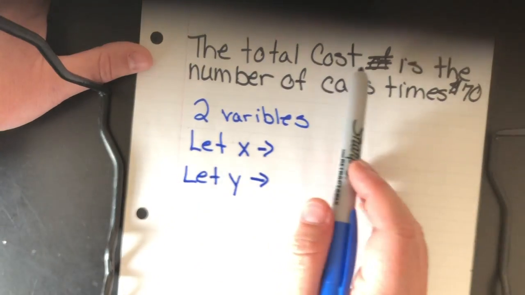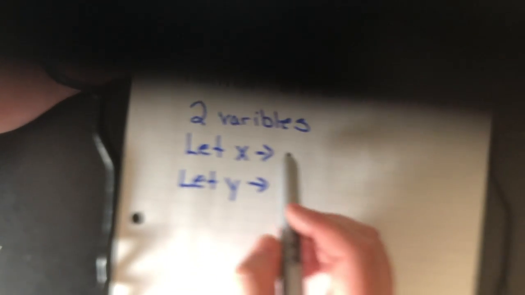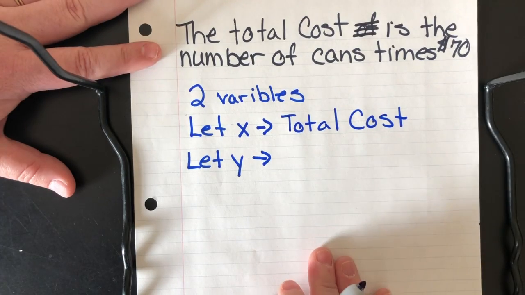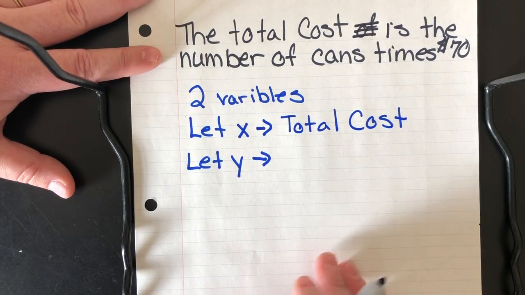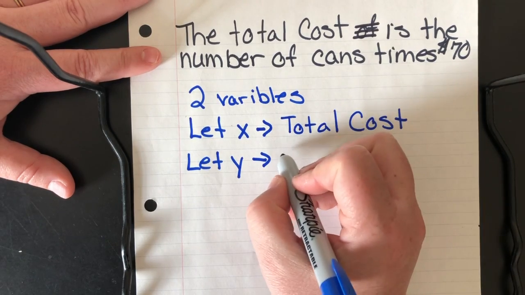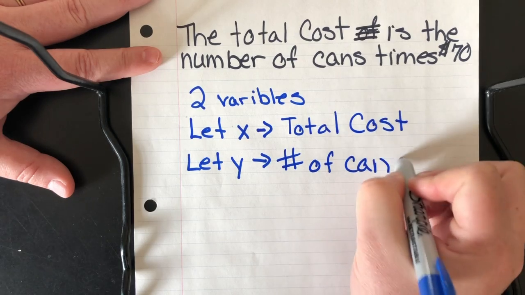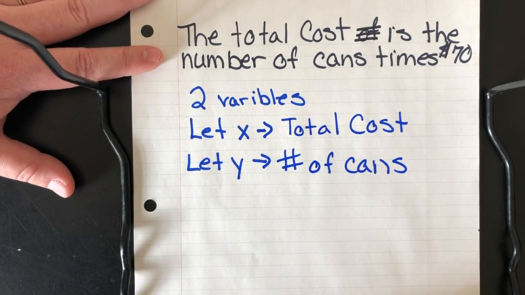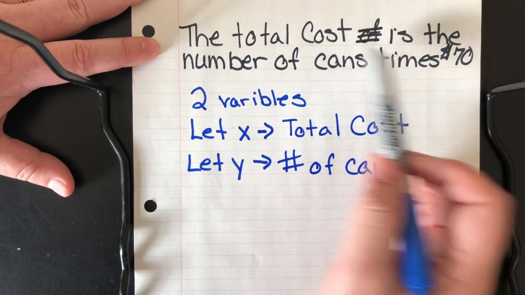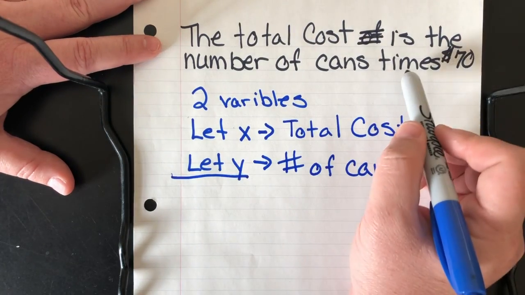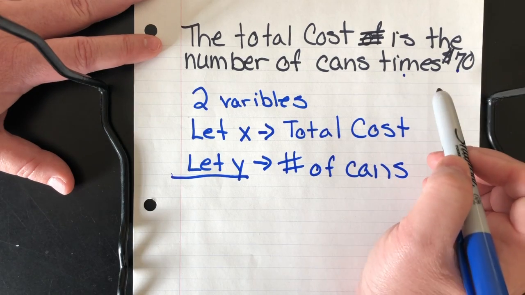So let x be the total cost, and y is going to be the number of cans.